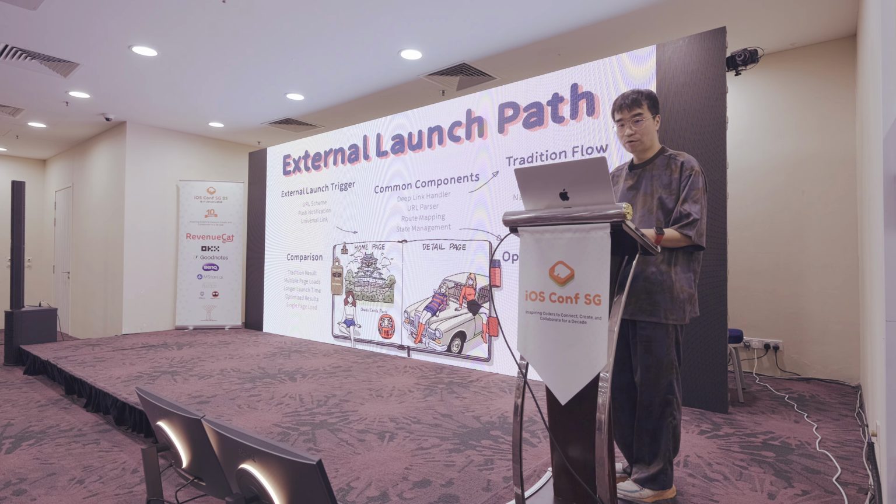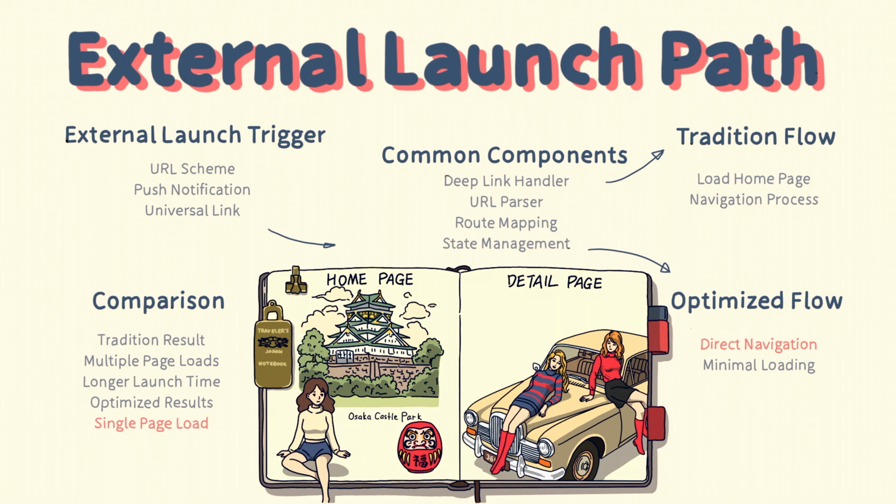The principle of launch path optimization is that when an external launch is triggered, we bypass the home page's reading and rendering and directly open the target page. The benefit of this approach is that it saves the overhead of reading and rendering the home page.